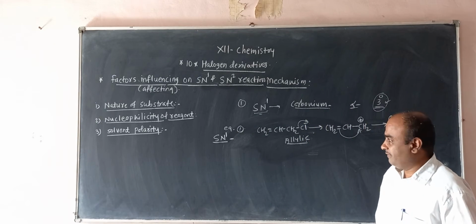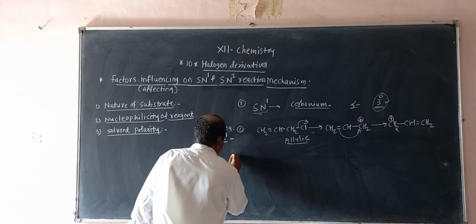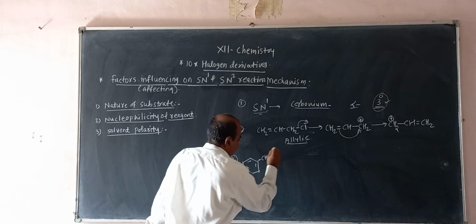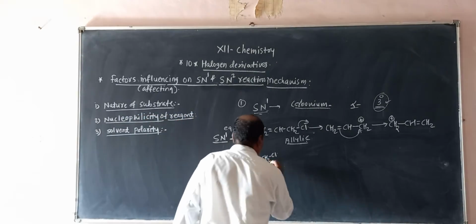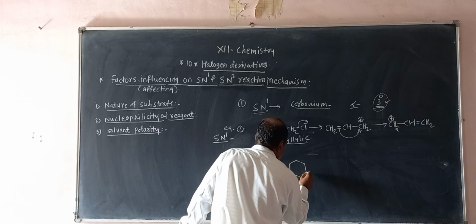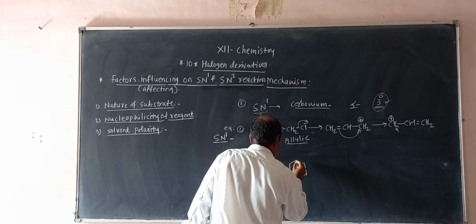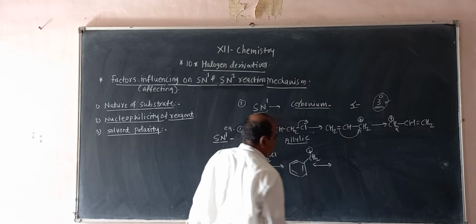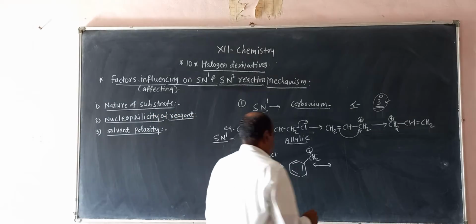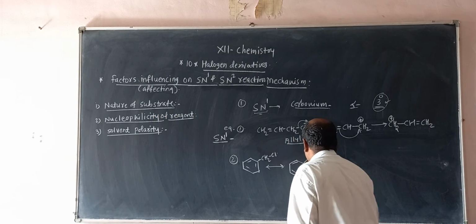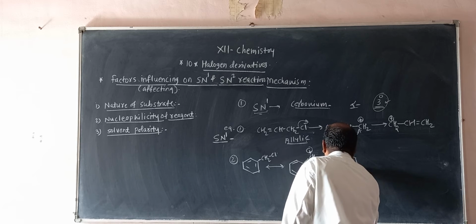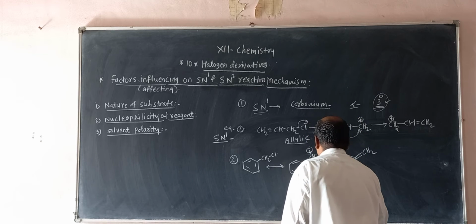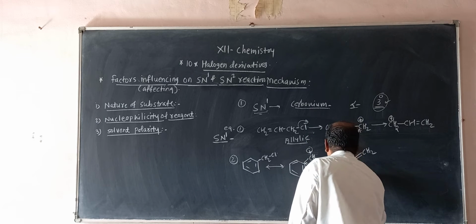Similarly, if you take benzylic halides, for example benzyl chloride, and remove the chlorine, then we get the benzylic cation, which is stabilized by resonance structures. Here the charge will be transferred: we have the double bond structure and this bond is shifted, so the positive charge is present at another position.